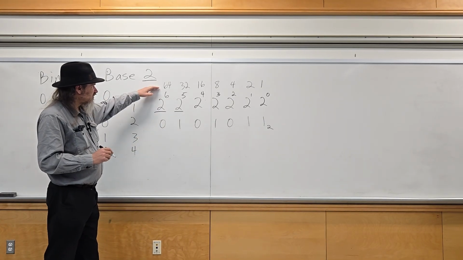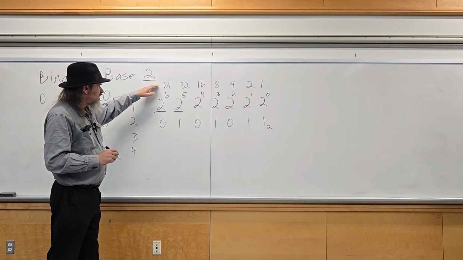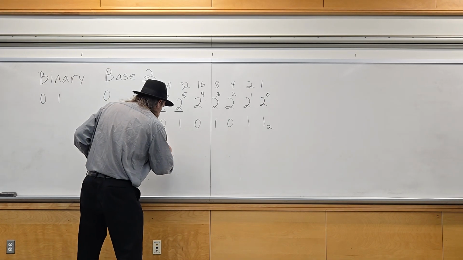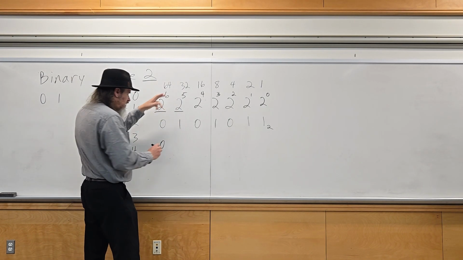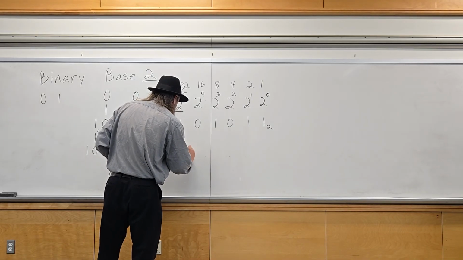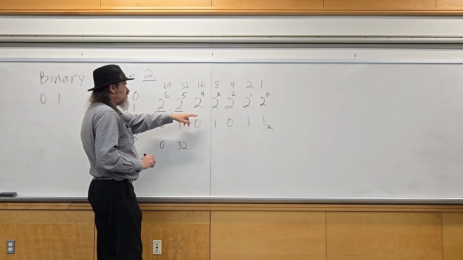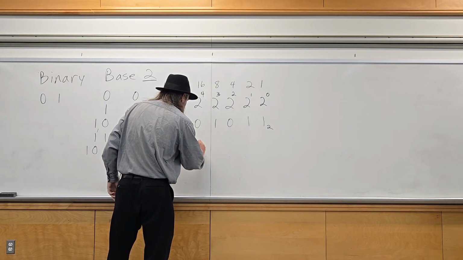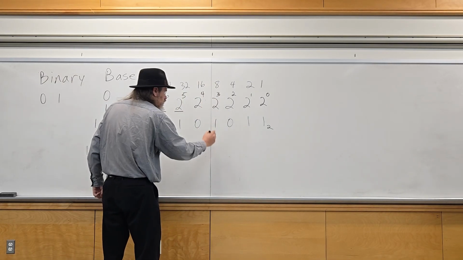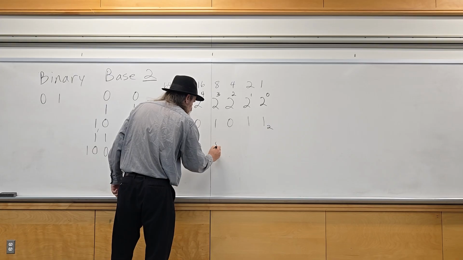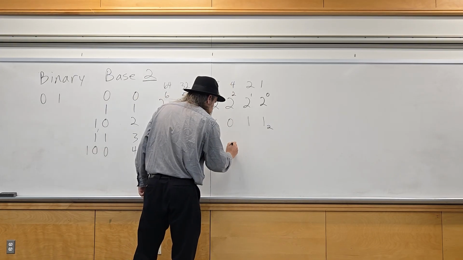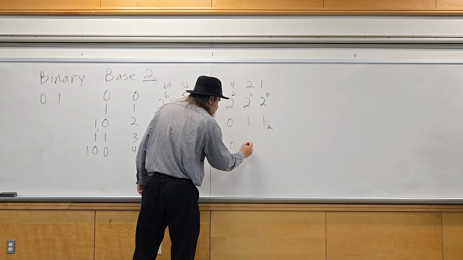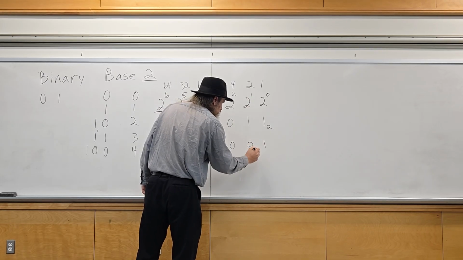So 0 64s is going to be 0. 1 32, 32. 0 16s, 1 8, 0 4s, 1 2, and 1 1.